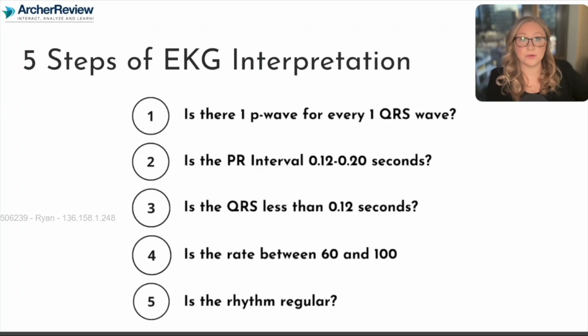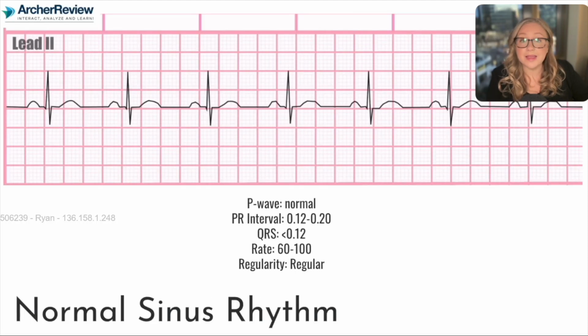All right, so to recap, if you go through these 5 steps and you do see 1 P wave for every 1 QRS, that the PR interval is 0.12 to 0.2 seconds, that the QRS is less than 0.12 seconds, you have a rate between 60 and 100, and a regular rhythm, all 5 of those things put together tell me that my client is in normal sinus rhythm.